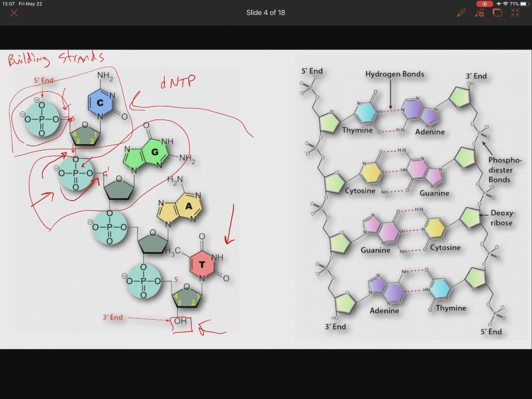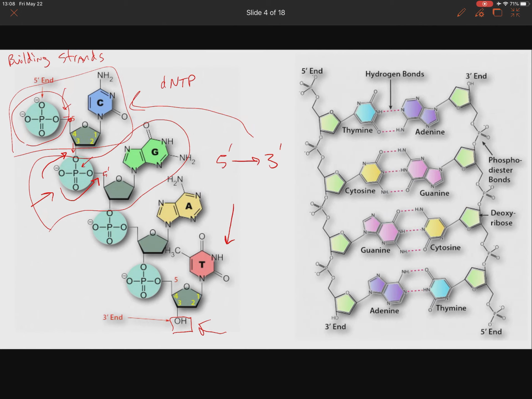Because of the way they attach, we say the directional growth of the strand is from the 5' phosphate side to the free 3' hydroxyl side. So DNA grows from 5' to 3'. This is how DNA gets polymerized. And so when we talk about DNA polymerase, we say it has 5' to 3' activity, meaning that's the direction in which it catalyzes these new bonds and makes a polymer.